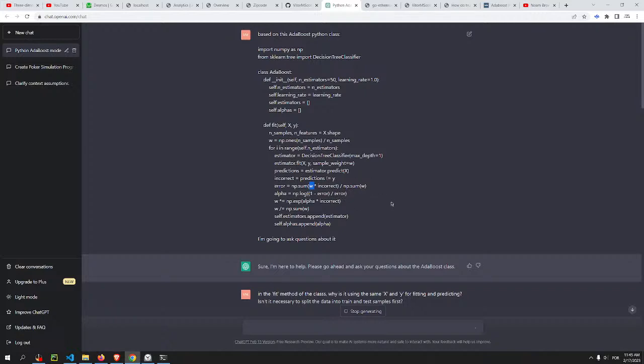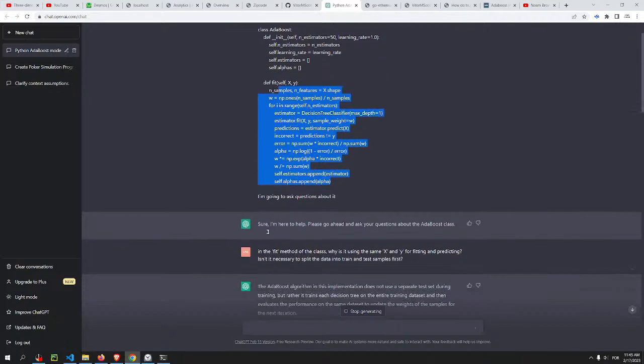That's going to be the error, which is used to calculate this alpha, which determines which tree is created in the next iteration of the loop, because it's going to change the weights of the prediction based on these equations. So I think this is correct.